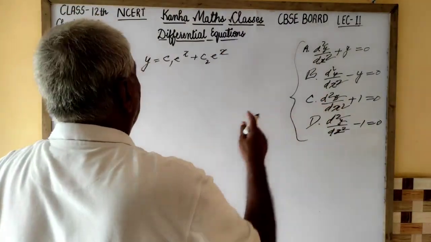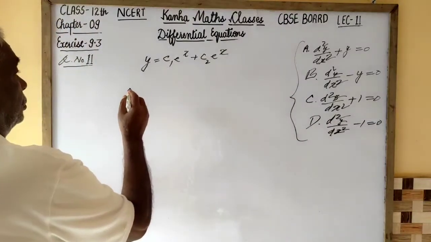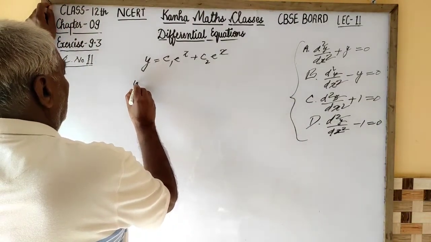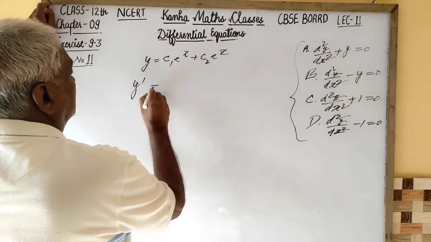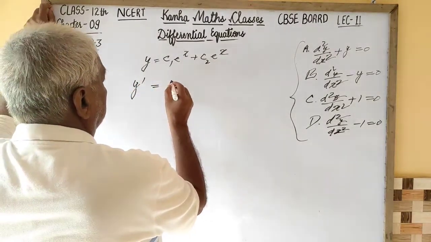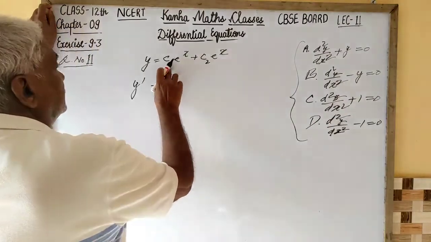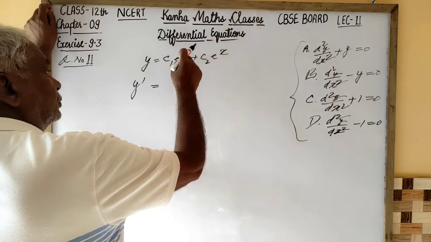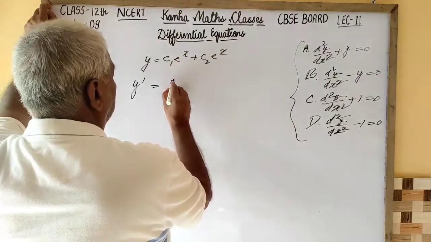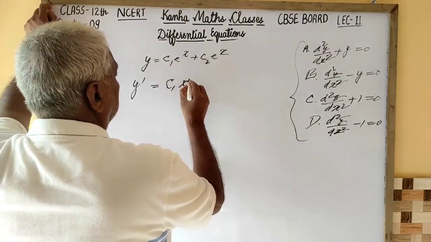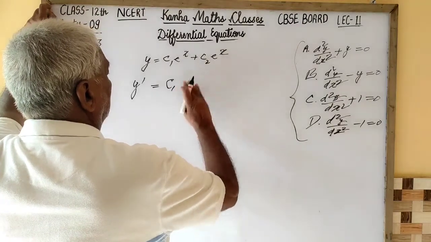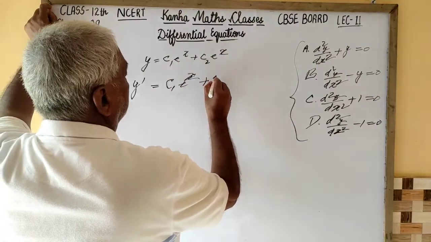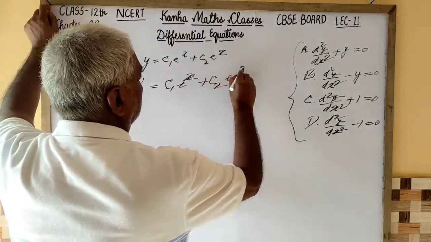given here, we will have to find the first derivative of this, that is y dash is equal to c1 e^x. You know c1 is a constant and e^x is a function whose derivative is also e^x. Now y dash is equal to c1 e^x plus c2 e^x.